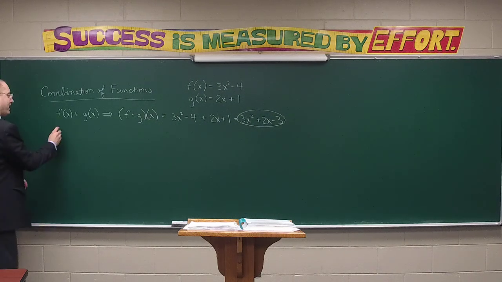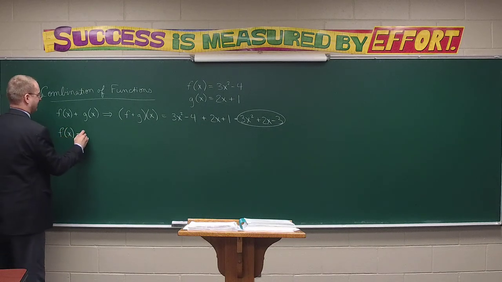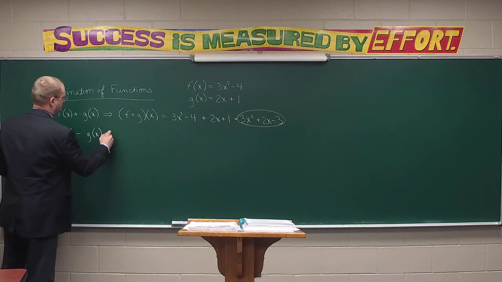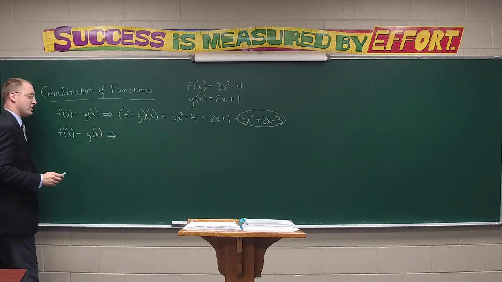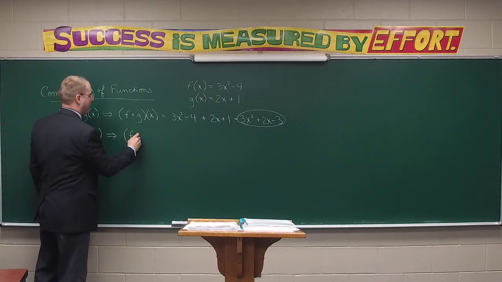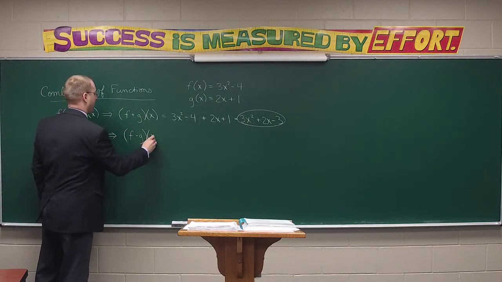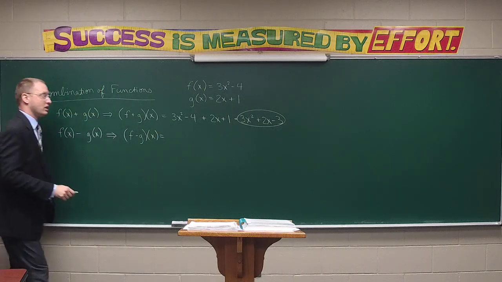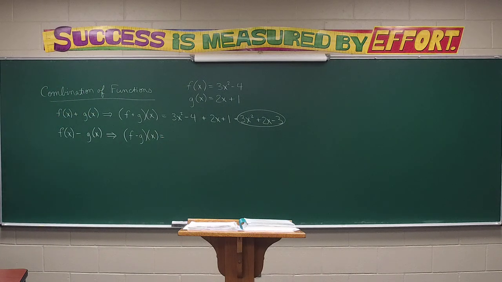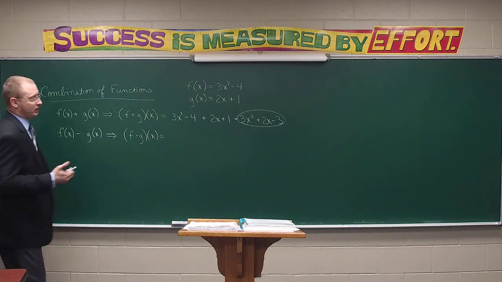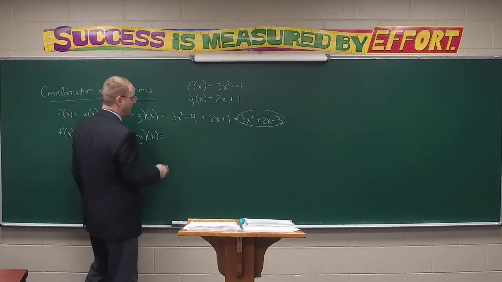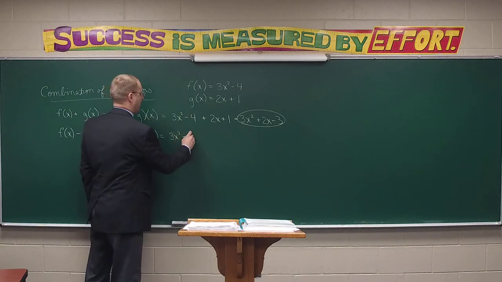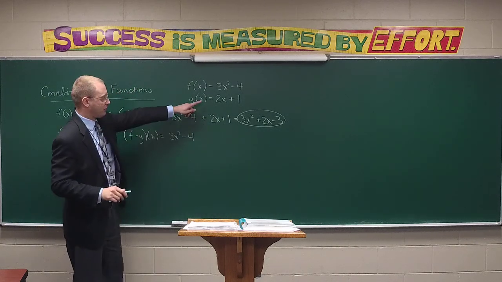All right. What if I wanted to subtract 2 functions? Well, the way you'd see this notated would be f minus g of x. And this means subtract g of x from f of x. You probably would have guessed that. But we never really subtract, class. So I'm going to take my f of x, and I'm going to add the inverse of the g of x.